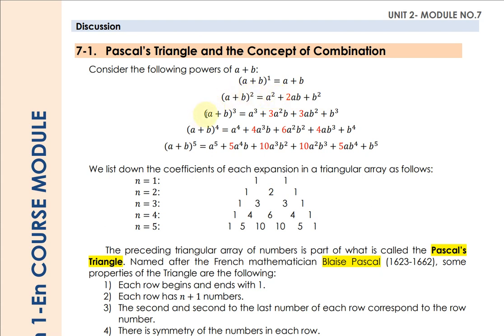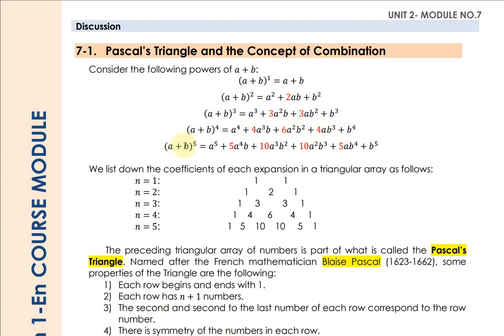If we are going to expand a plus b to the power of 3, that is this one multiplied by another a plus b. If you multiply that, the result will be a cubed plus 3a squared b plus 3ab squared plus b cubed. If you have a plus b to the power of 4, then this will be its expansion.